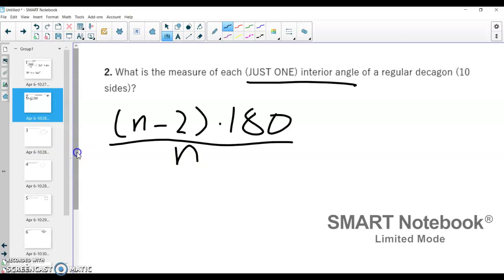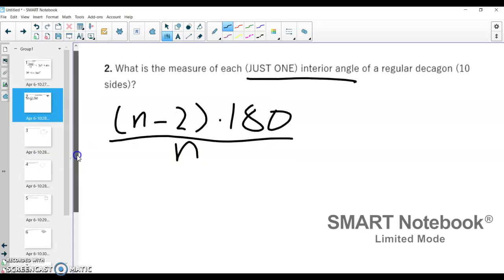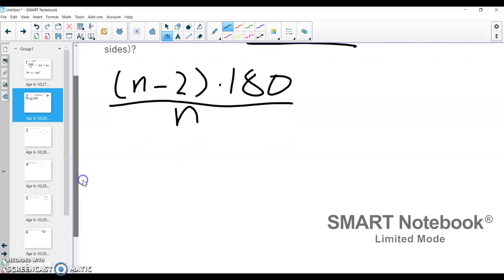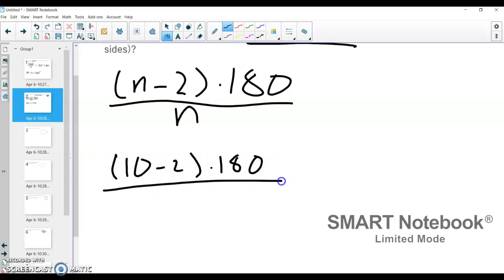So I say this is a decagon, and so I'm plugging in 10 for my n, because a decagon has 10 sides. So 10 minus 2 times 180 divided by 10.